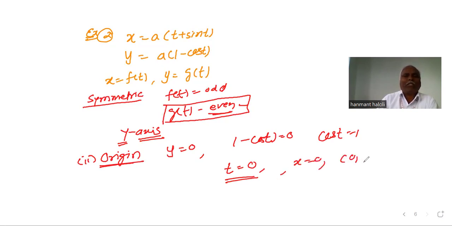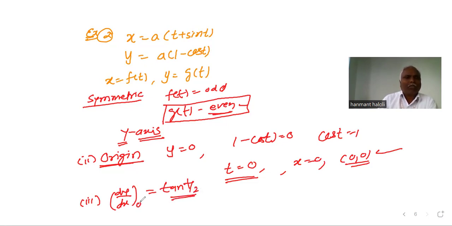Therefore 0, 0 is the point where the curve is passing through the origin. Third point, talk about the tangent: dy by dx at each point. We get tan t by 2 at t equal to 0. For t equal to pi, we get plus or minus infinity, the tangent to the curve at infinity, which means the y-axis is also tangent to the curve.